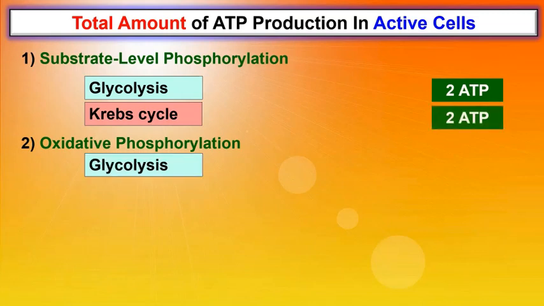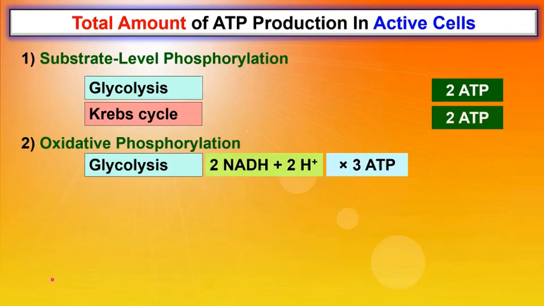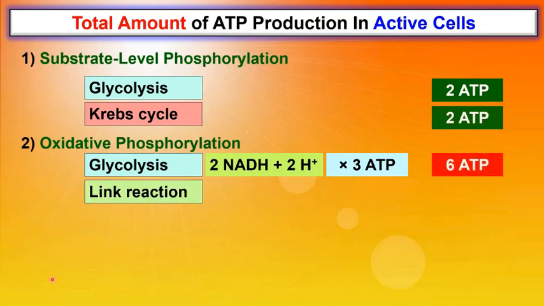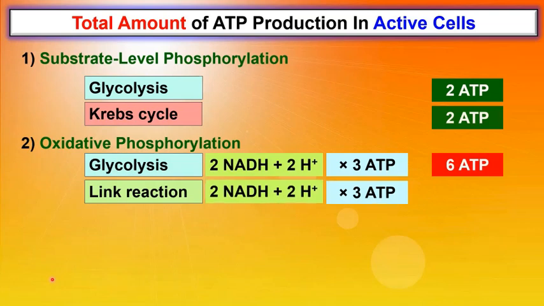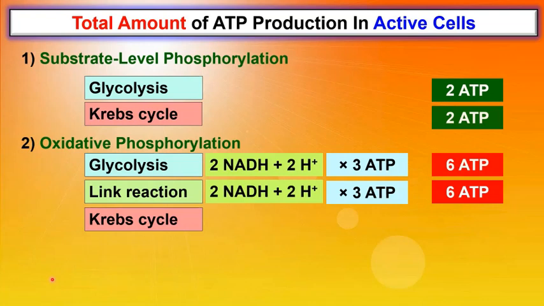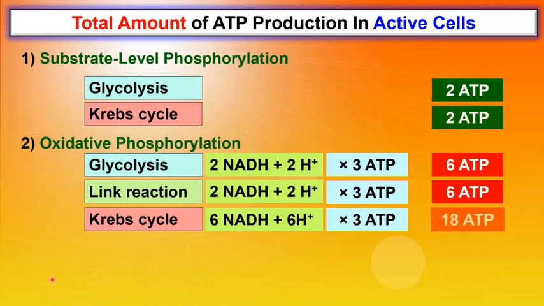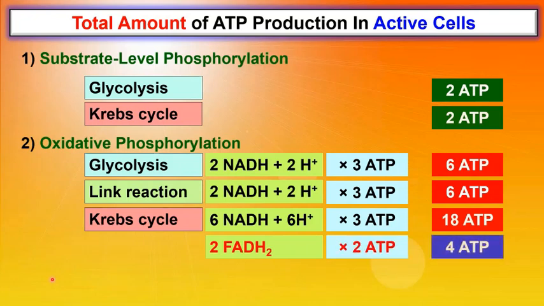By oxidative phosphorylation, 6 ATP will be produced from NADH plus H plus produced in glycolysis. 6 ATP will be formed from NADH plus H plus produced in the link reaction. 18 ATP are produced from NADH plus H plus produced in the Krebs cycle, and 4 ATP will be produced from FADH2 produced in the Krebs cycle.